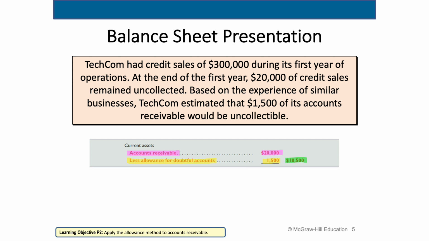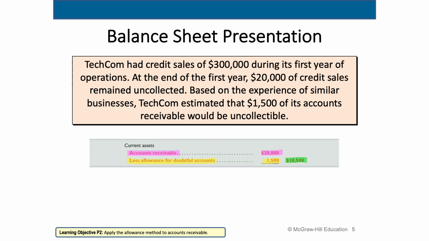Because yes, I do have account receivable of 20,000, but I have doubt that I'm going to receive 1,500. Remember, this 1,500, the allowances for doubtful account and bad debt expense, those are estimated numbers. We might be right, we might be wrong. Maybe now we think that the customer is not going to pay us, but later on he might pay us. So it is an estimate.